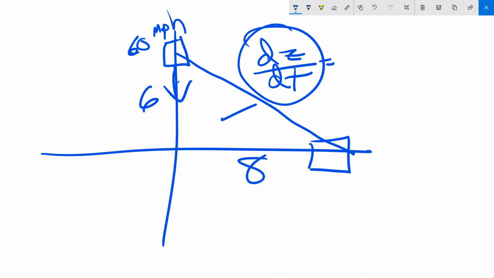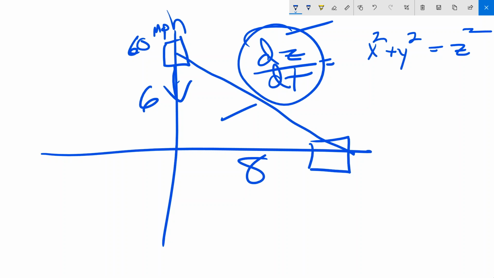So the master equation is x squared plus y squared equals z squared. We can implicitly differentiate everything with respect to t, time, and we know we can solve for that at a certain point where the cop car is 6 miles from the intersection and the robber car is 8 miles from the intersection.